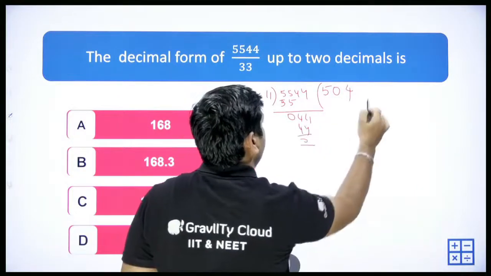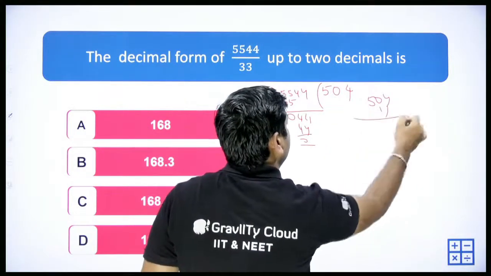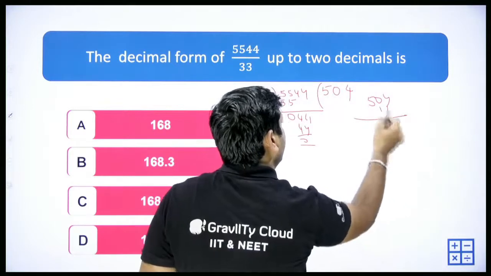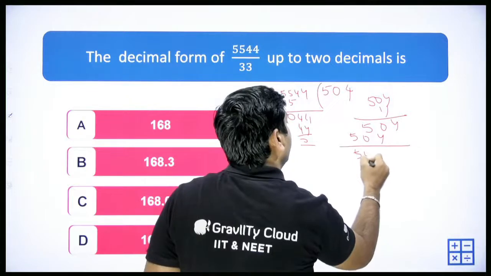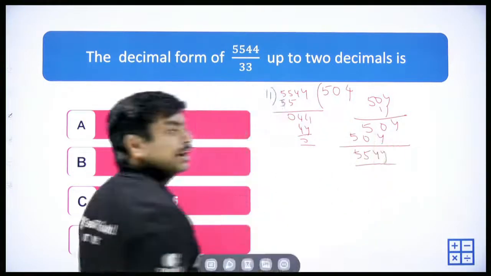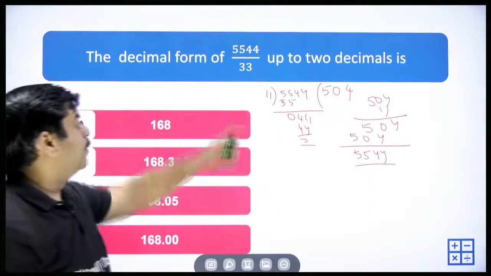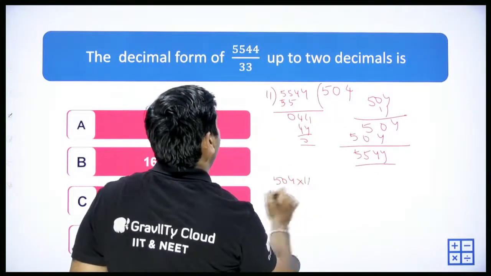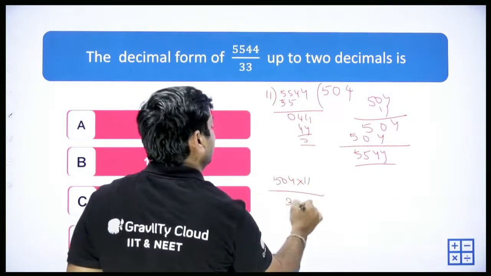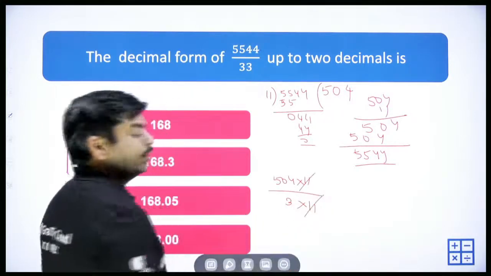Let me check that: 504 into 11 gives you 5544, right? So 5544 is 504 into 11, and 33 is 3 into 11.